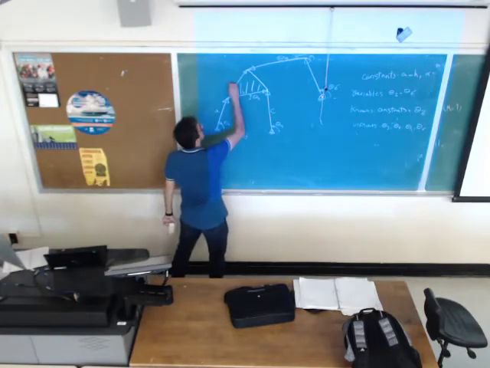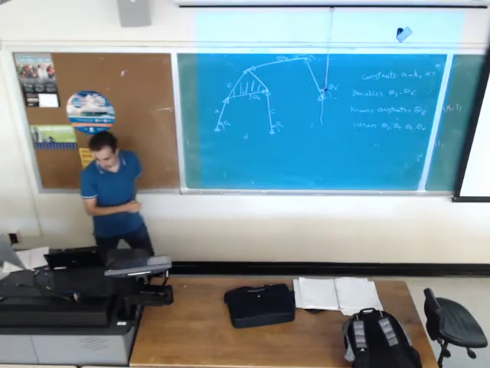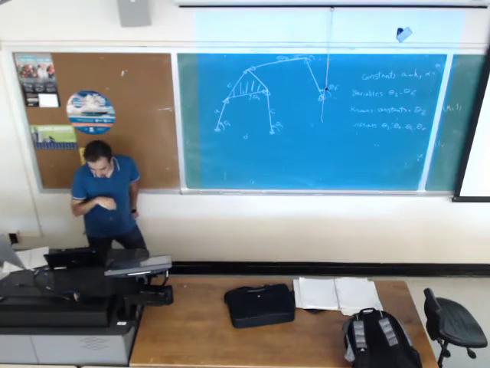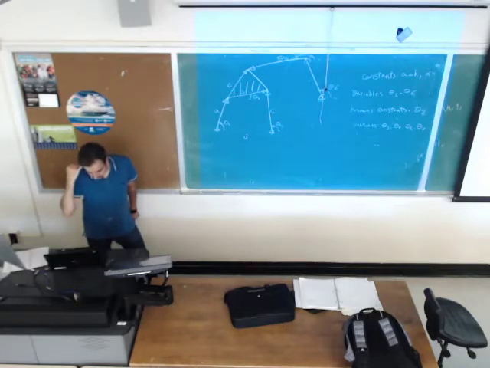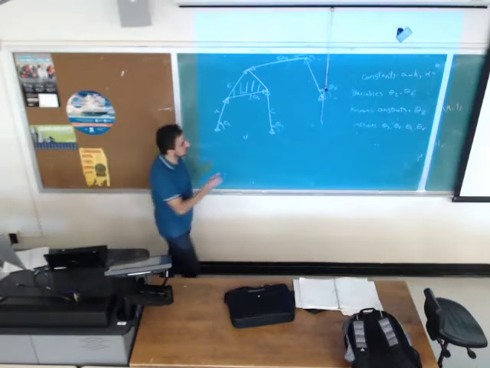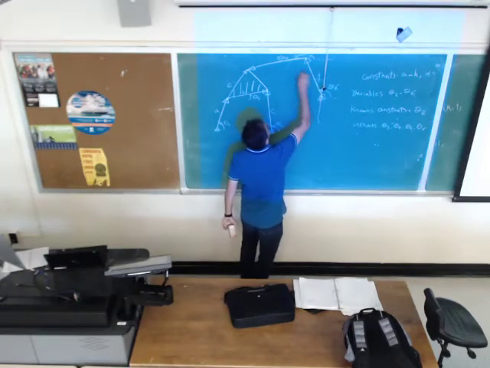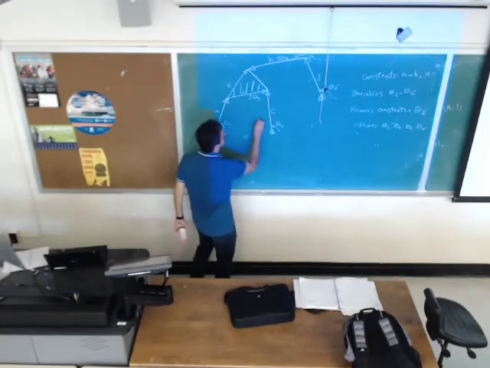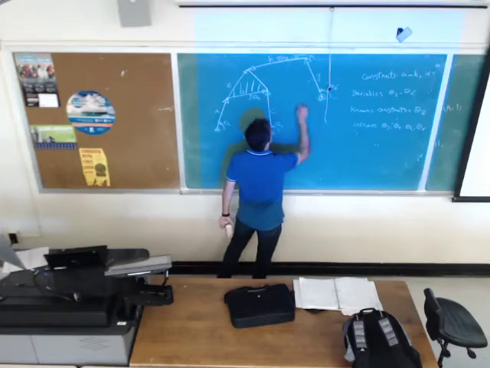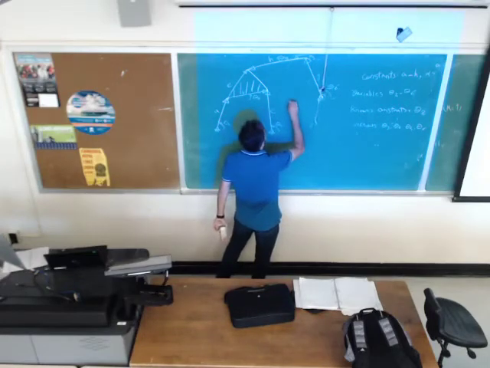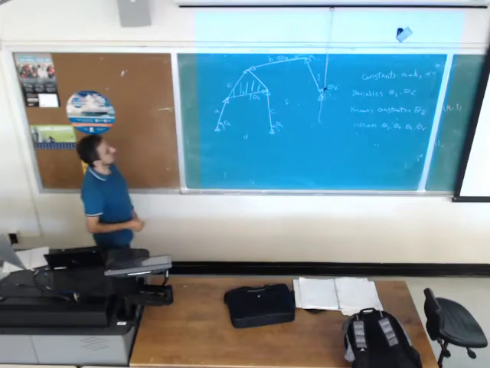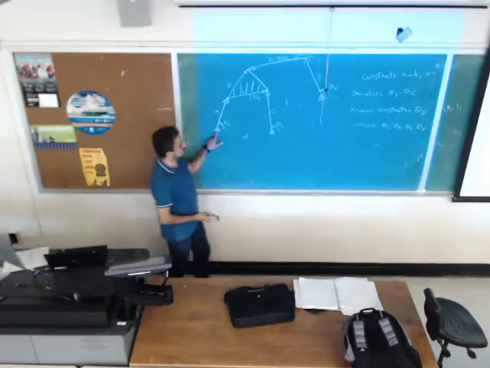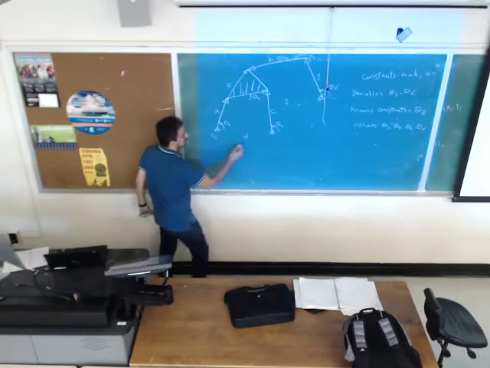F, between this joint, OA, OB. This one is D, this one is F, E, and B. So this is how I label the links and the angles.